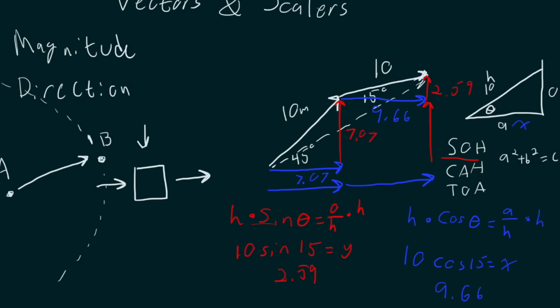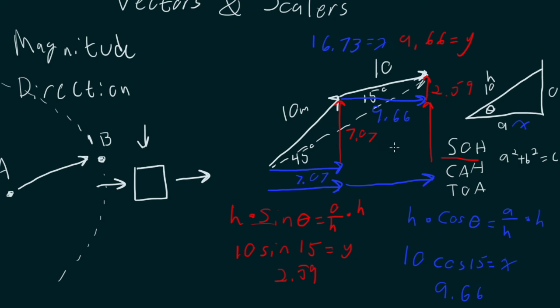So my total here is going to give me 16.73 for x, and it's going to give me 9.66 for y. So those are my components for my total vector.